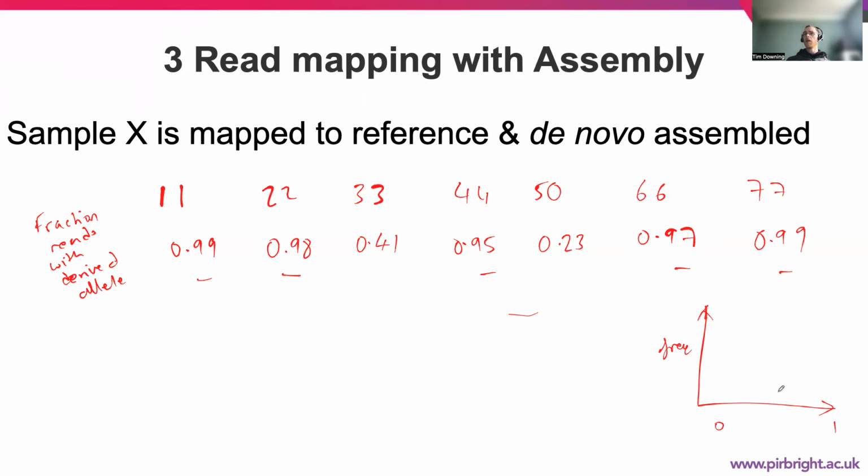Typically, if you're dealing with a eukaryote genome, you're going to expect something like this, where you expect a bit of a bump at the 0.5 region, and then a lot more that probably reflect homozygous changes. So this would spike up here, and that's around 0.5.